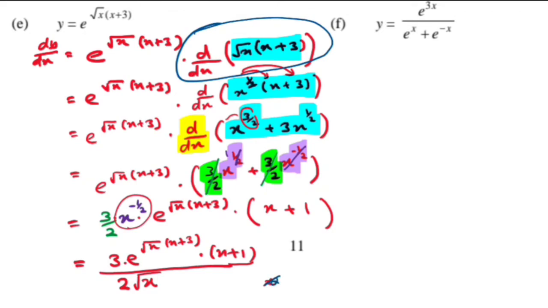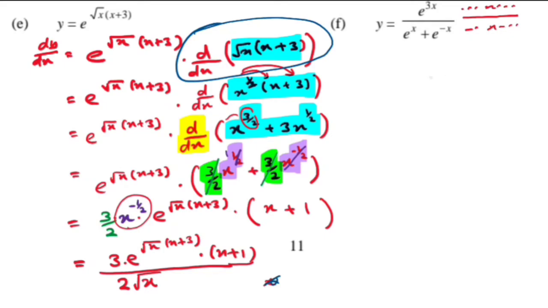Look at example 1f. This is a fraction. We have x term on top and also x term at the denominator. The operation is division because you have to divide these two expressions. Remember the tips that I've given you.